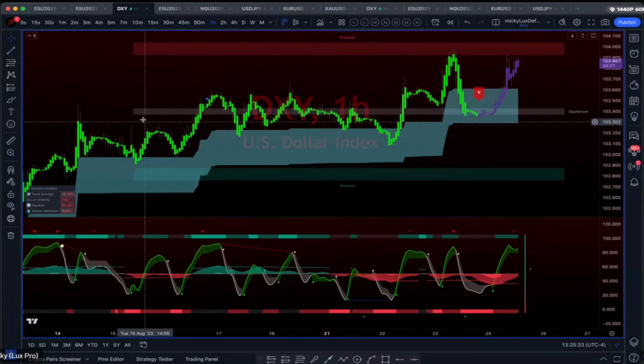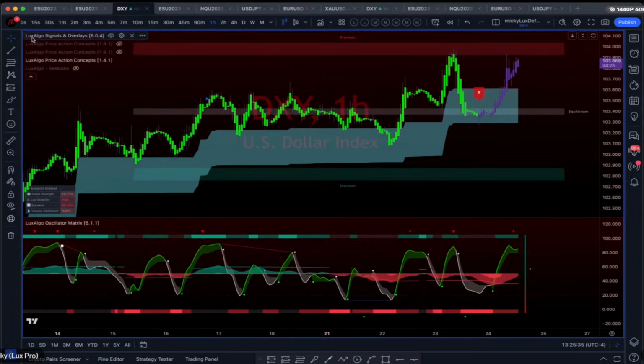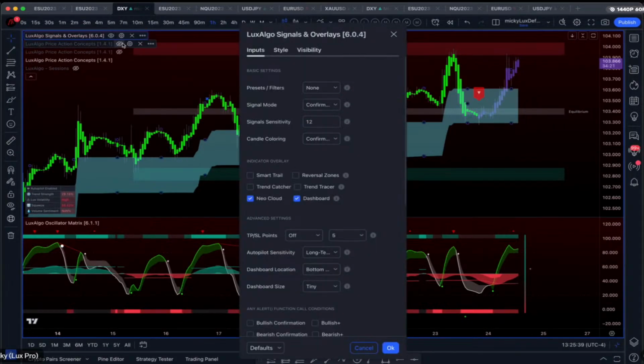Okay. Let me go through the settings right now real quick, okay? We'll get into the details a little bit later. I have the confirmation and exits on, right? Autopilot long-term, right here, with the Neo Cloud enabled. That's pretty much it, okay, for signals and overlays.